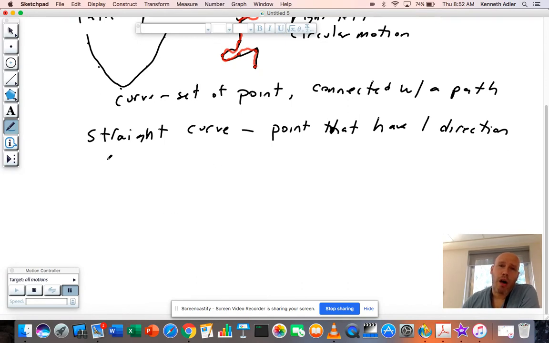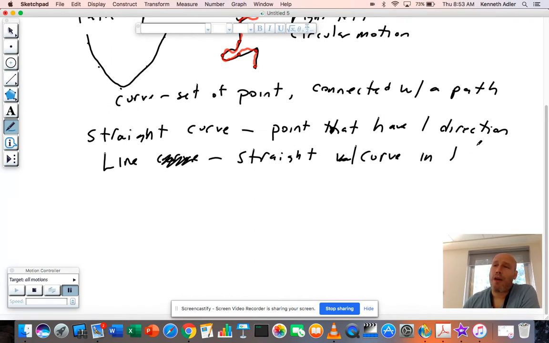One direction. What do you think a line is? Well, a line is a straight curve in one direction, and its opposite, right?